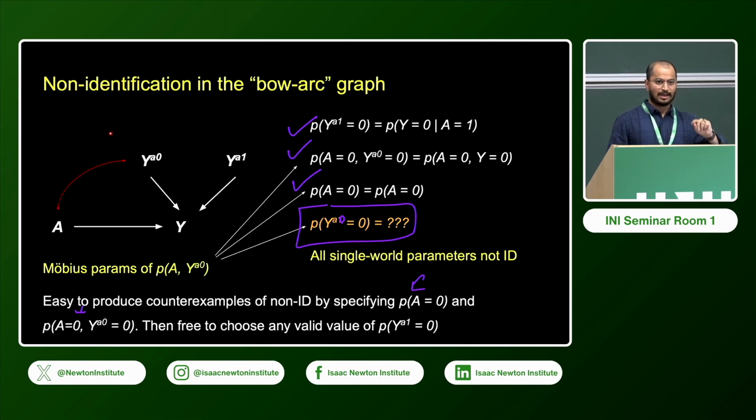And so I'm arguing that 3 of the parameters in my full data law are accounted for, which are P(Y^{a=1}), this joint probability, and P(A equals 0). So because 3 of them are accounted for, that must mean my 4th is the thing that's not identified. And that's the one that I have some freedom. This is my degree of freedom. I can give it whatever value I want. It will agree on the observed data distribution.